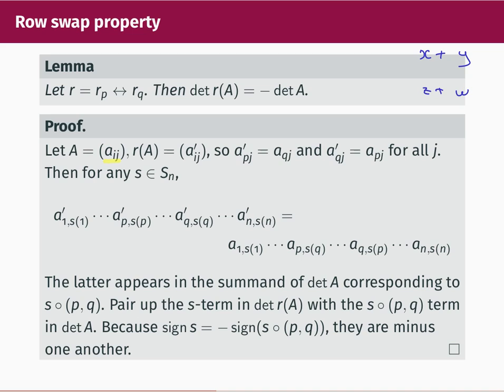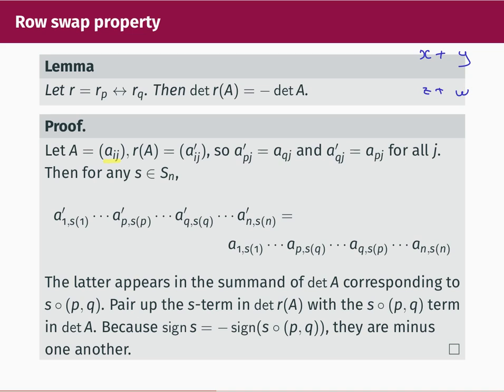Now let's think about a particular permutation S in Sn. So A here is an n by n matrix. That term would involve a sign, the sign of S, multiplied into the following product.